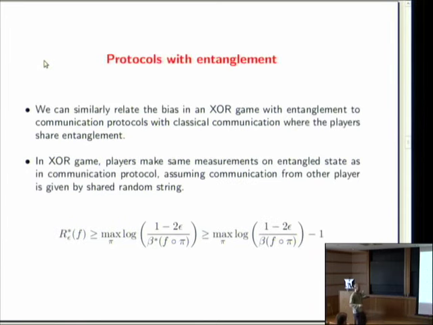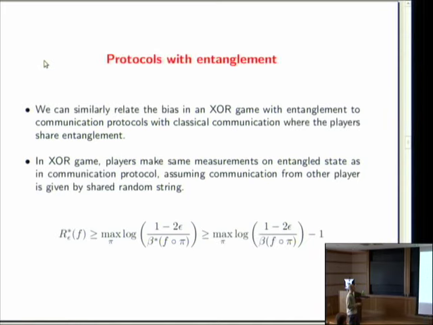Okay, so this connection of showing upper bounds on bias and turning that into lower bounds on communication complexity is quite general. You see that I used very few facts about what kind of protocols you have. So it also works for protocols with entanglement.